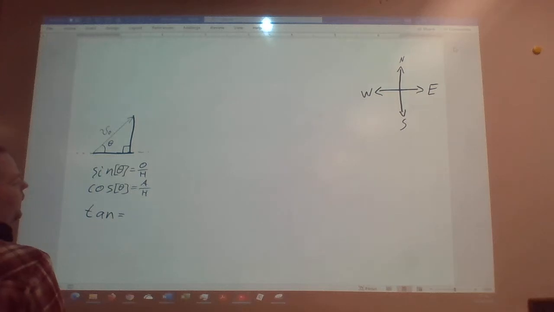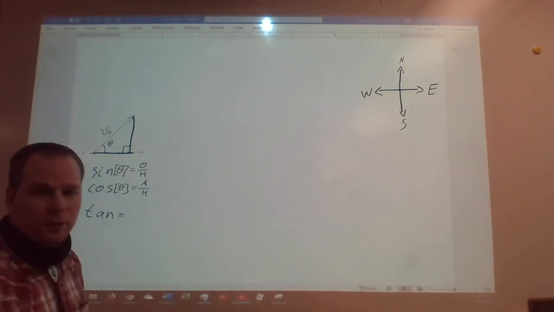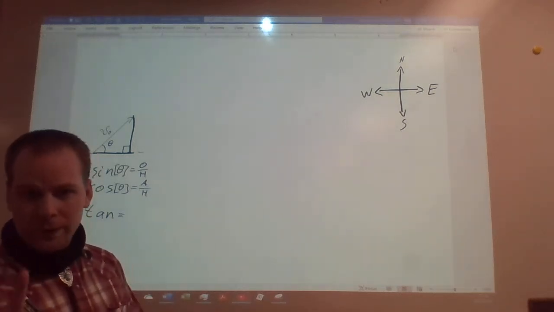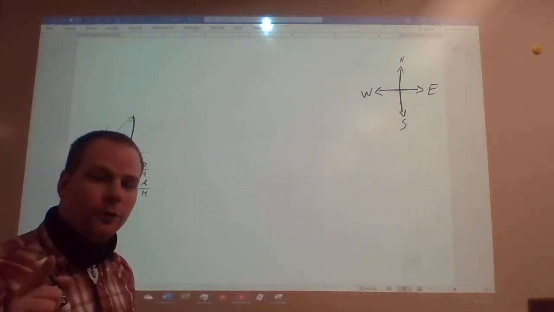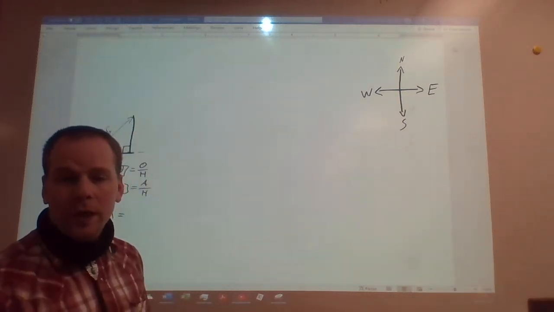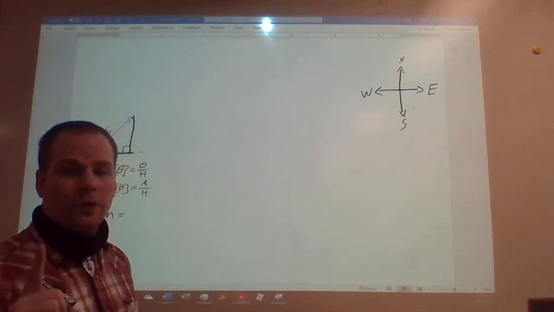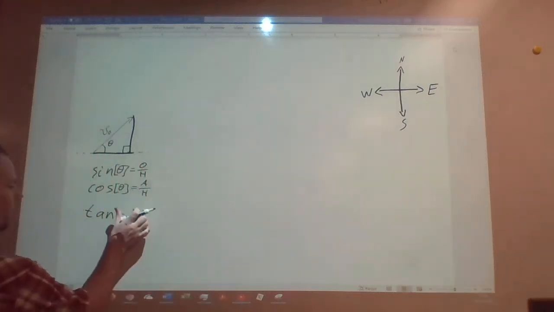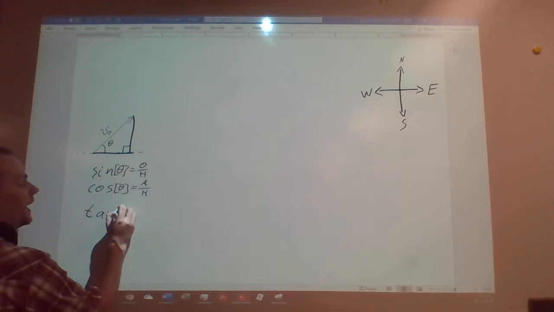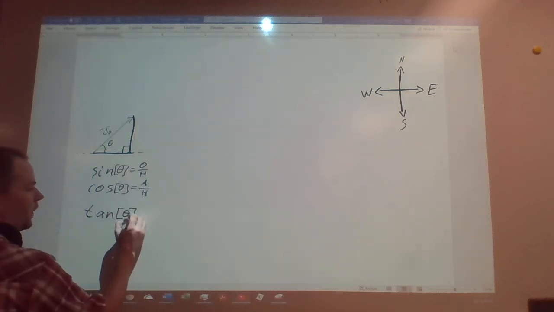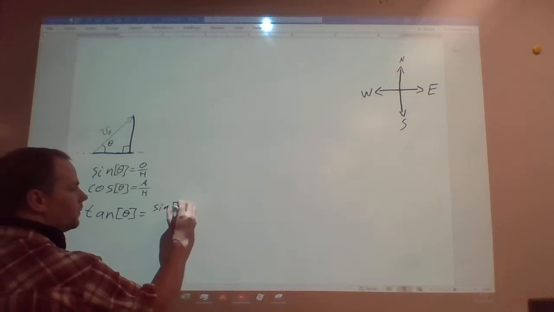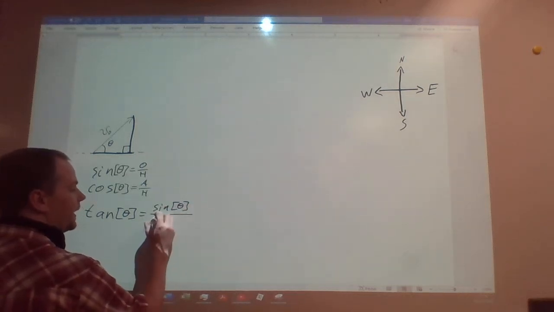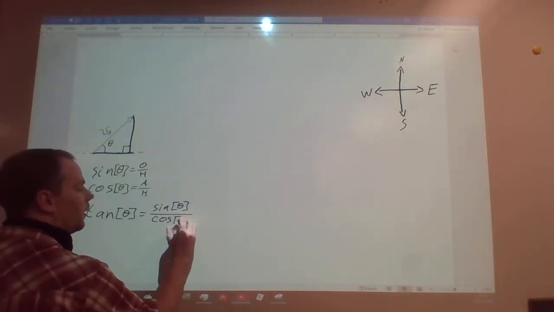There is also an equation for tangent, but I'm not going to tell you it because I don't want you to use it. Okay, because it lies to you half the time that you use it. So we just don't mess with it in here. The only time you should use it is here. The tangent of theta is equal to the sine of theta divided by the cosine of theta.